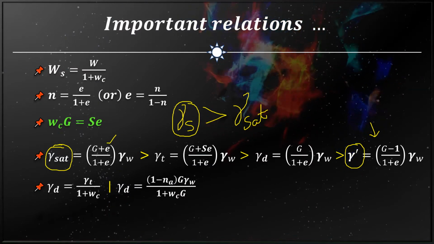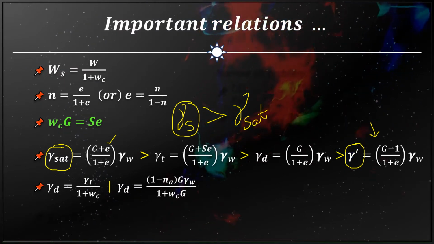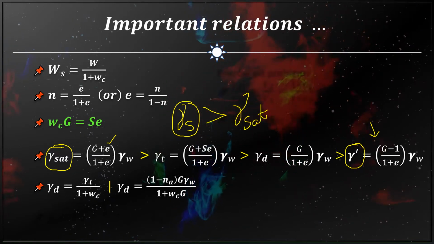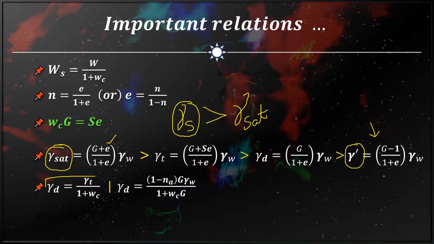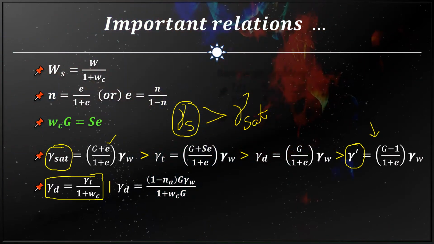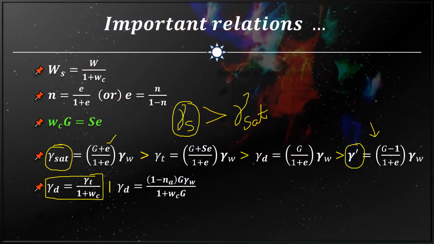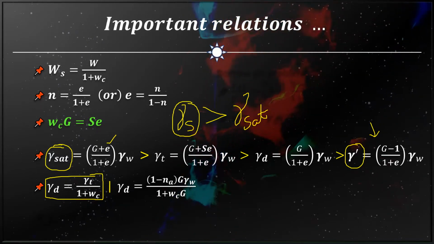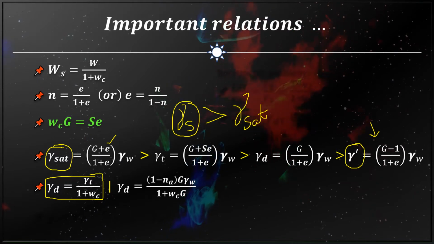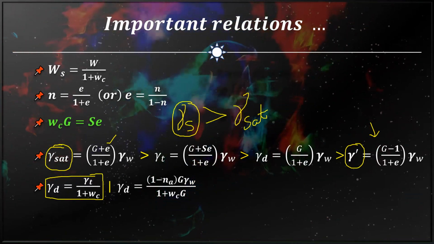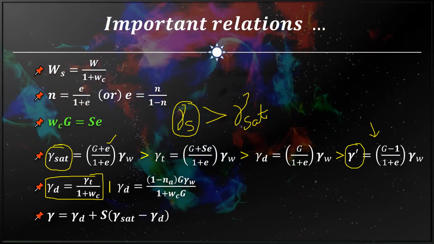And there are some other relations between dry unit weight and bulk unit weight. So how is it related? Gamma D is equal to gamma T by (1 plus w c). So by using this relation, we can find other values. And gamma D can also be given as (1 minus na), what is na? Percentage air voids, into G gamma W by (1 plus w G). So gamma D is equal to (1 minus na) G gamma W by (1 plus wG).